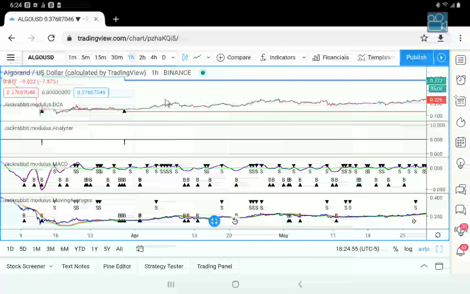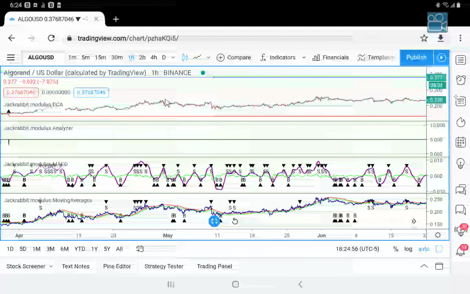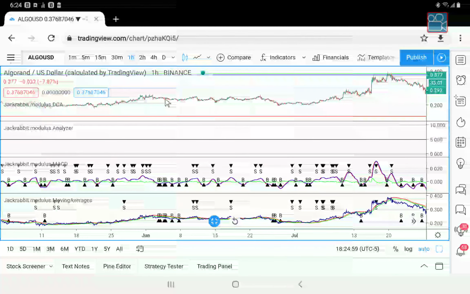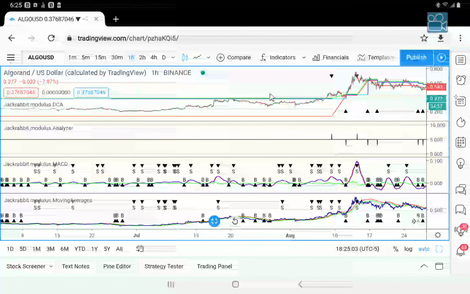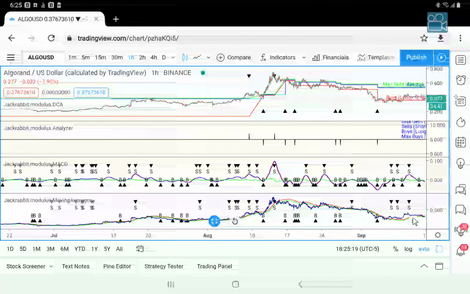And then from April, May, June, July, and finally around August. 4 months of channel. 4 months this trade was stuck, going nowhere. This is the downside to the flow method.